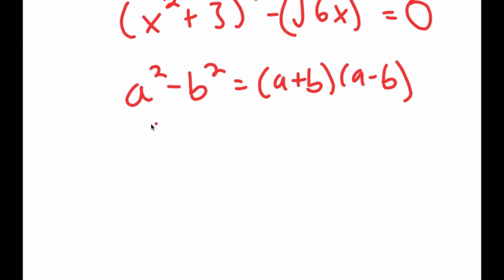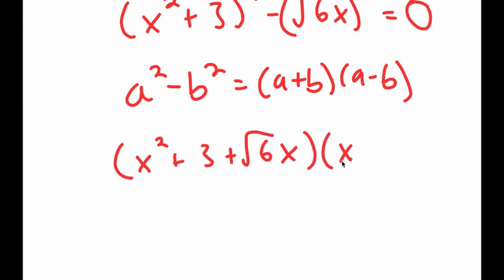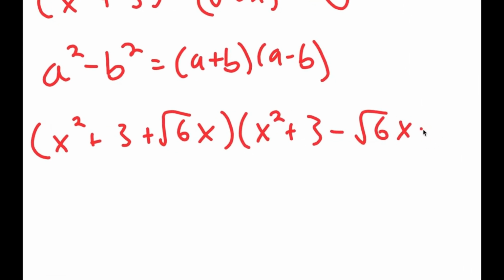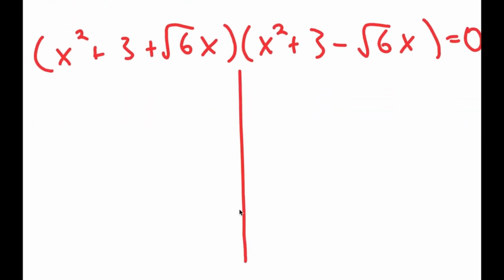So in this case, this turns into x squared plus 3 plus the square root of 6x times x squared plus 3 minus the square root of 6x is equal to 0. So this gives me two equations.